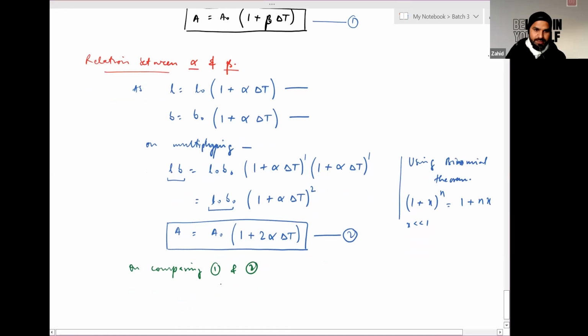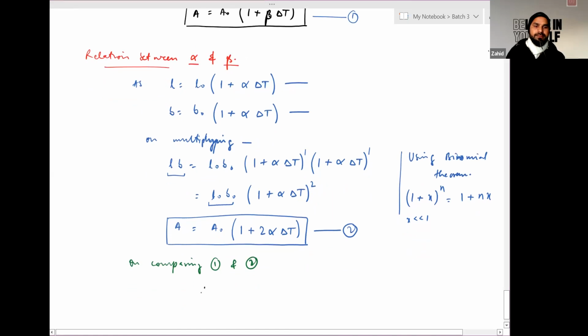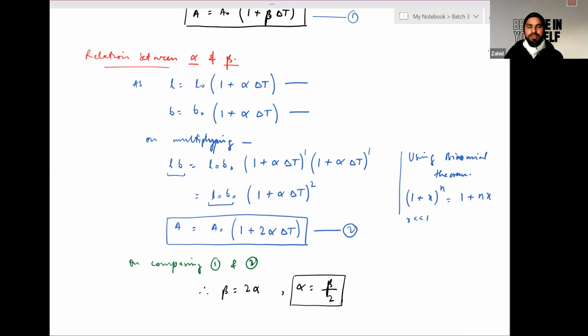So from this, we can say on comparing, beta equals to 2 times of alpha, or alpha equals to beta divided by 2. So this is the relation between alpha and beta. Rishan, is it clear? Just write it down till this part.